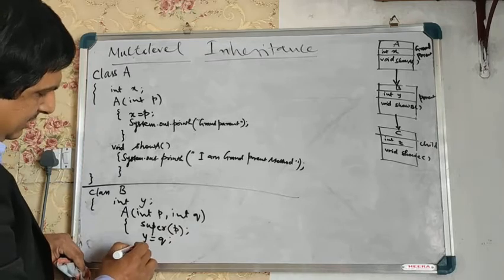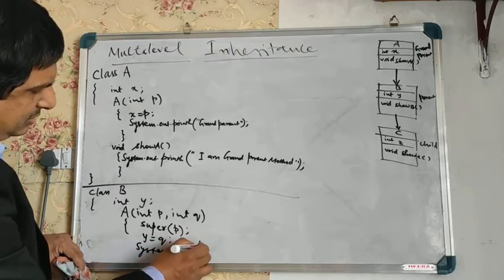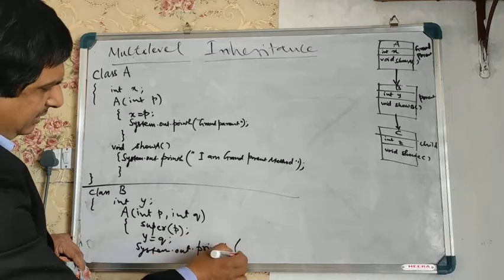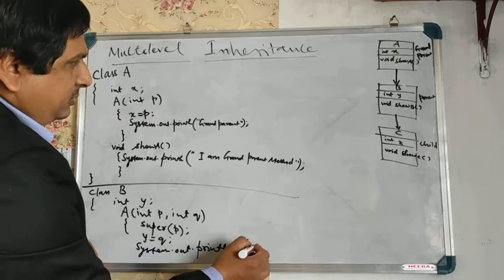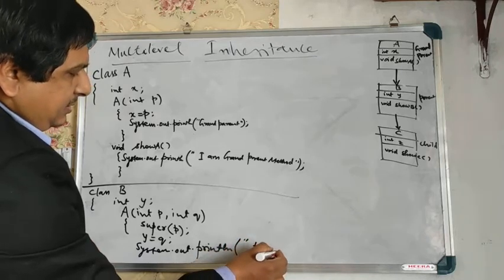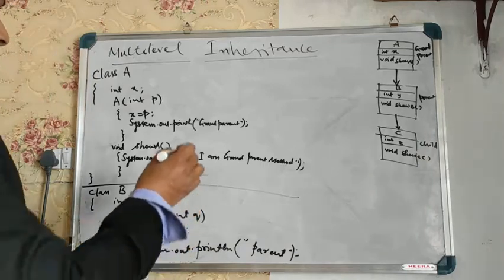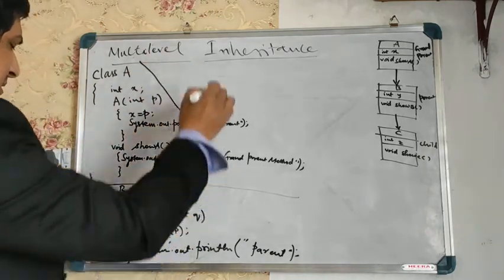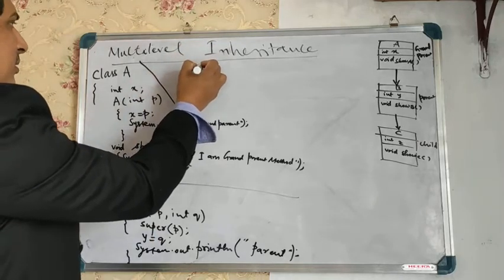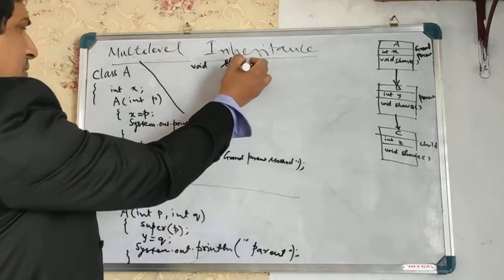And then here System.out.println("parent"). Okay, and then I'm coming back again here, a continuation from here: void showB.